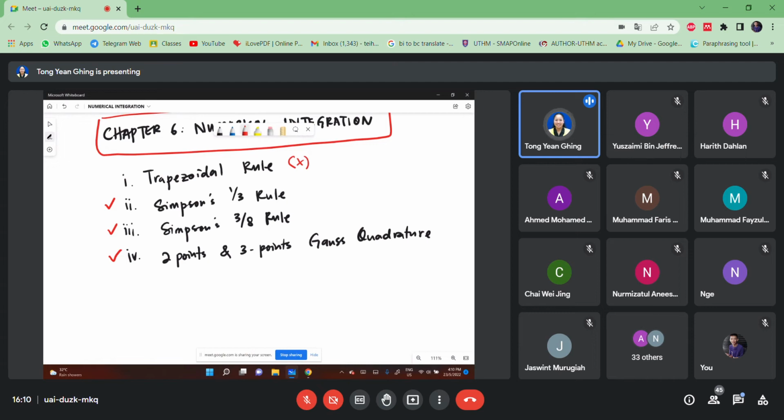Any idea why we have to do these numerical integrations? Fatin, Nur Aina.